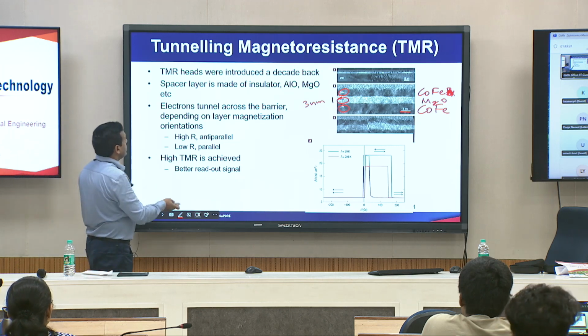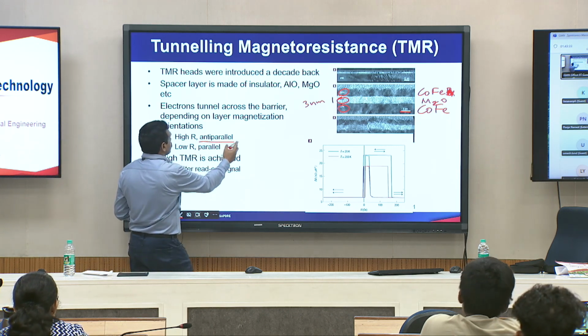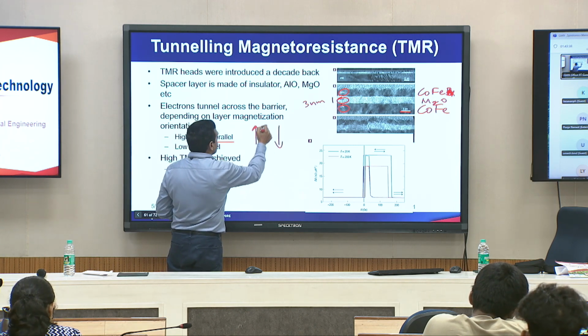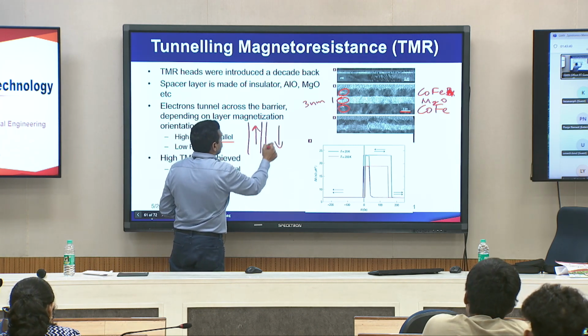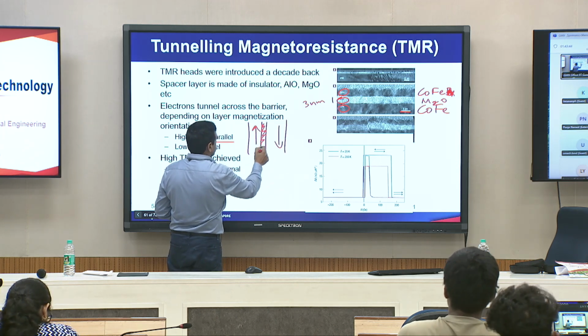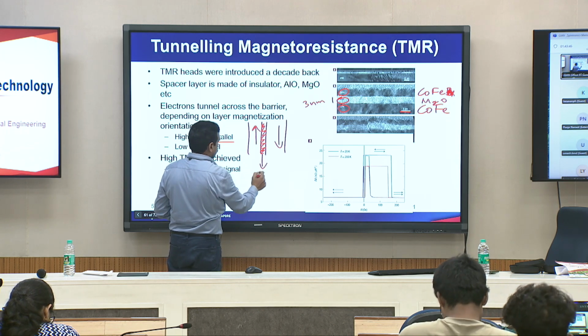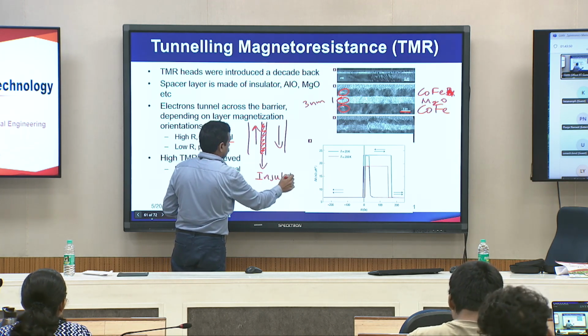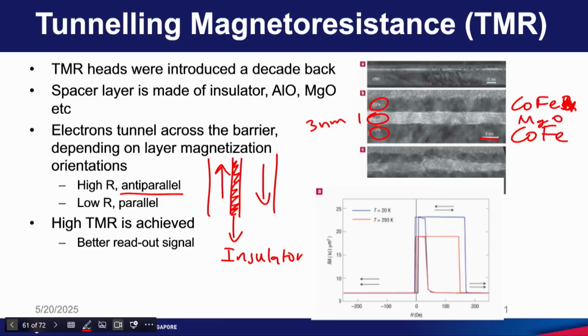So, again like in the GMR, if there are two magnetic materials, and the magnetization of the two layers is parallel or anti-parallel. So, here we have the insulator. You can say this layer is cobalt iron, this layer is magnesium oxide, the third layer is again cobalt iron.